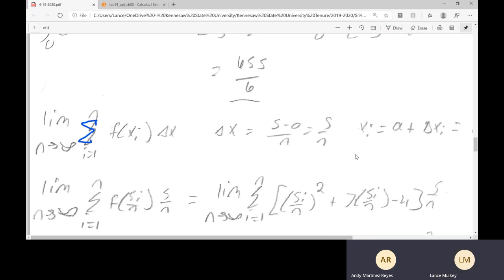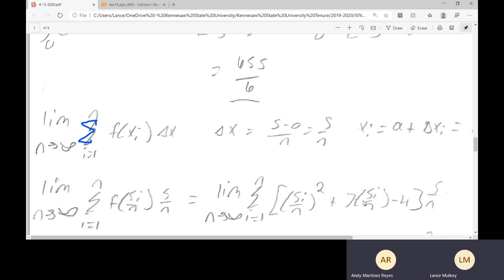And now you simplify. You square everything, and you can't really simplify too much yet, but square everything and bring it all into one equation. So what's 5i over n quantity squared? 25i squared over n squared.